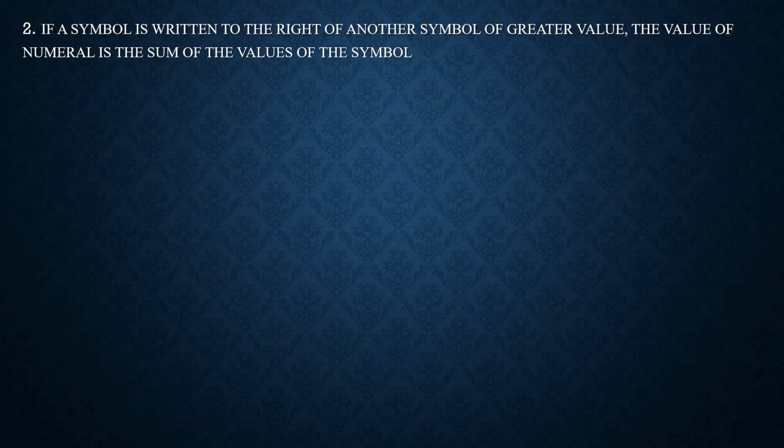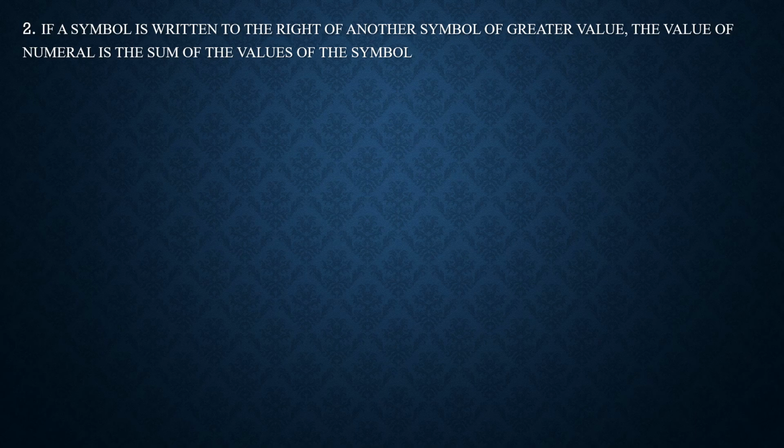You have to remember the position. When a symbol is written to the right side of another symbol which is of greater value, the number that is already there has a greater value, and the number written to the right side of it is a smaller one.